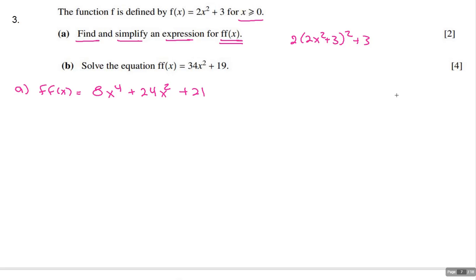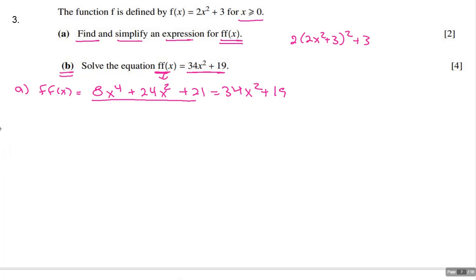Yep. All right, now what does part B say to do? It wants you to make it equal to 34x squared plus 19. Exactly. Now notice they're telling us to make this equal to this. Well, this is this, and so I'm going to put that there and make it equal to 34x squared plus 19.